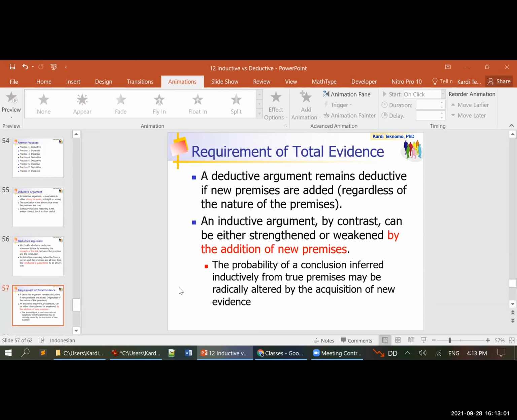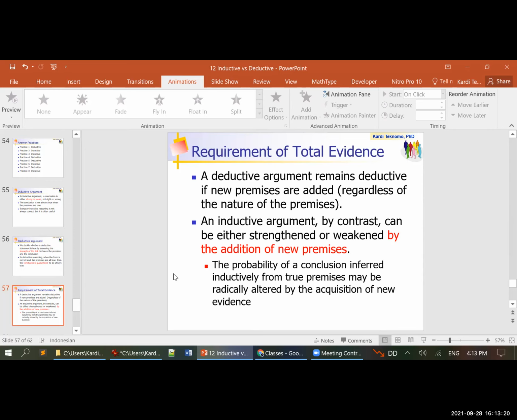So this is another topic, but it is also important. A deductive argument remains deductive if a new premise is added, regardless of the nature of that premise.